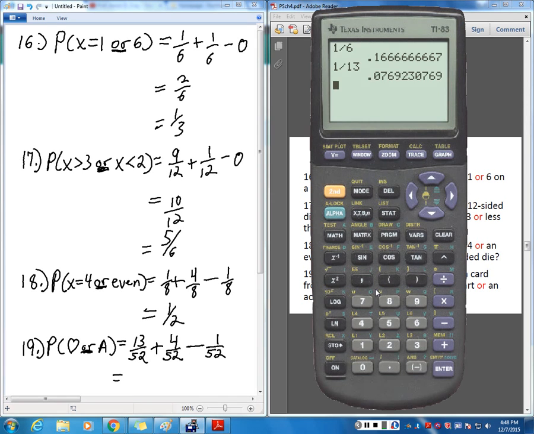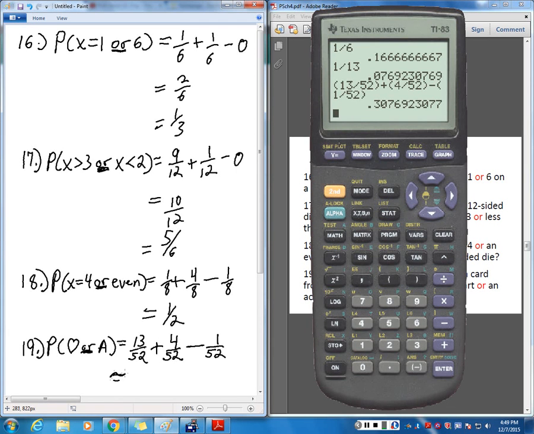Alright, well, if I take a look on my calculator and use some parentheses, I can find this amount. And now I have the decimal equivalent.